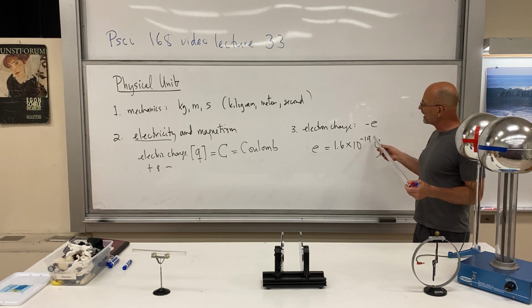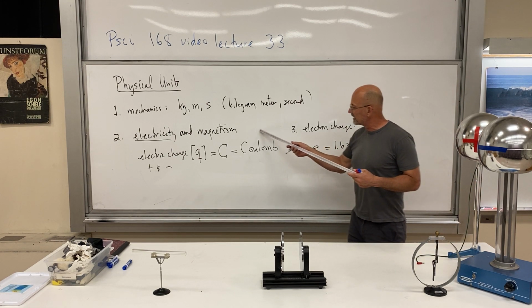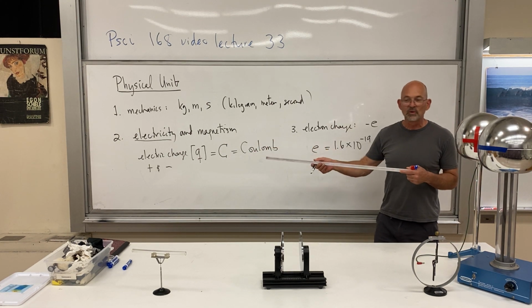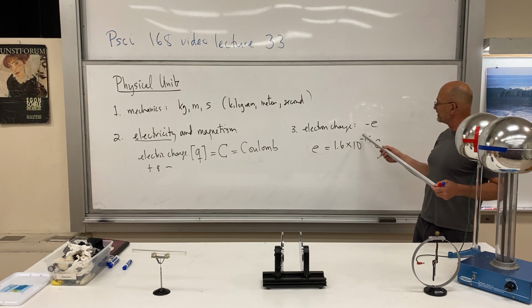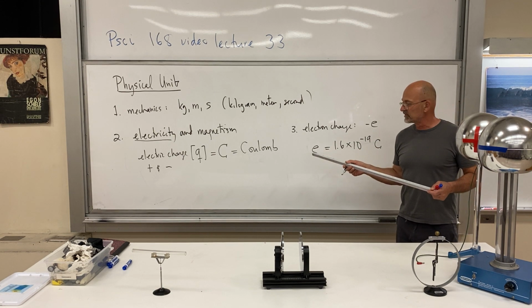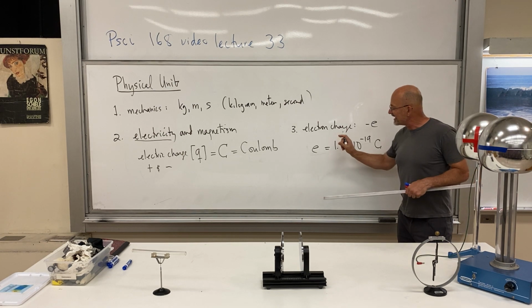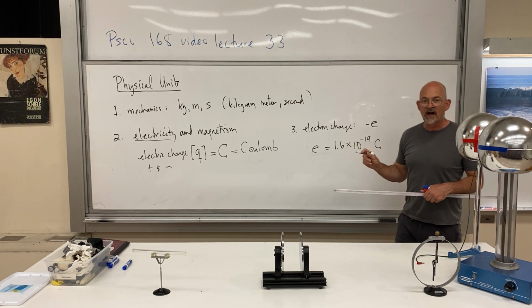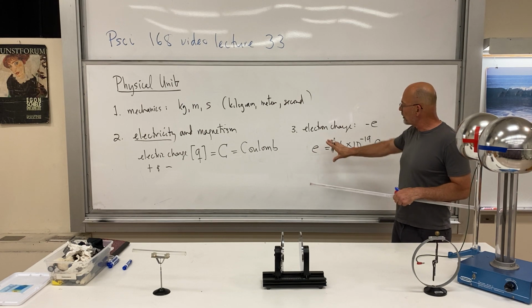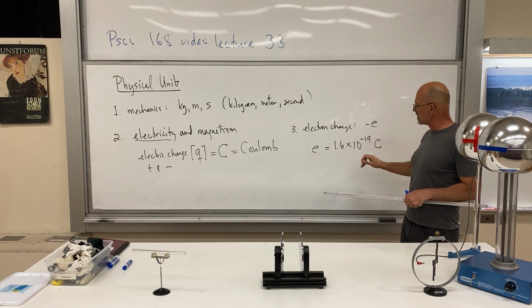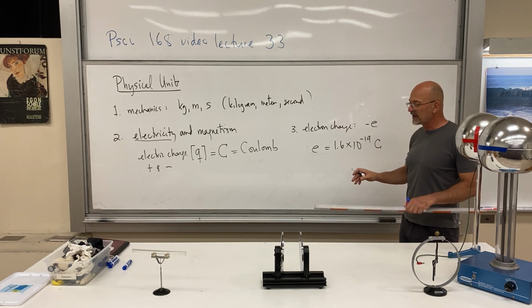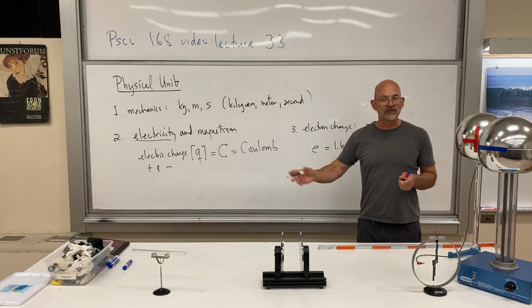It means if you're bringing enough electricity into play to have one entire coulomb, it's roughly 10 to the 19 particles. Okay. What that means is the discrete nature of electricity can often be ignored. There's so many of those little particles carrying charge that we can think of them as a fluid that's flowing. Right?